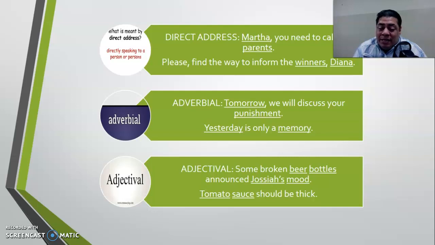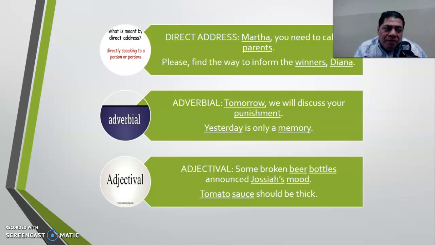So, this is one of those cases in which the appositive refers, in this case, to the subject, but since we don't have it there, I can place it in different positions. That's a command, right? That's a command. So you can move Diana either to the beginning of the sentence or leave it there.